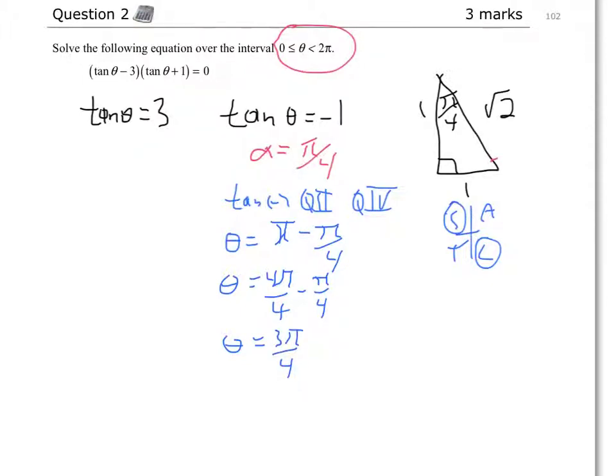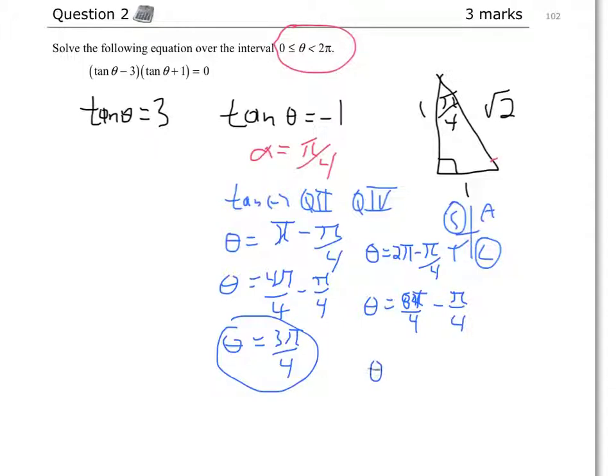To get the quadrant 4 solution, it is 2 pi minus pi over 4. So that is 8 pi over 4 subtract 1 pi over 4, which will give me 7 pi over 4.